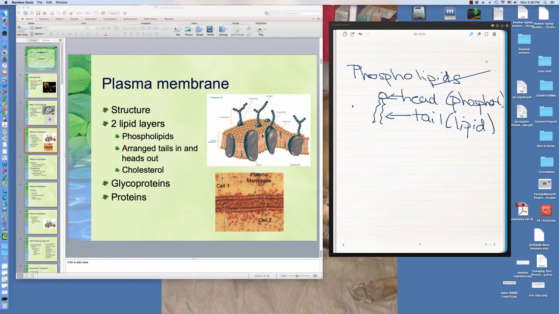So if you look at this diagram over here, here's a phosphate, and there are the lipids, phosphate, lipids. And so this is important for the arrangement of the phospholipids in a cell membrane.